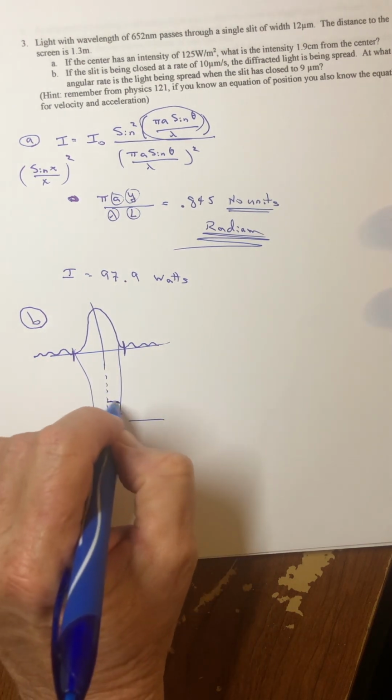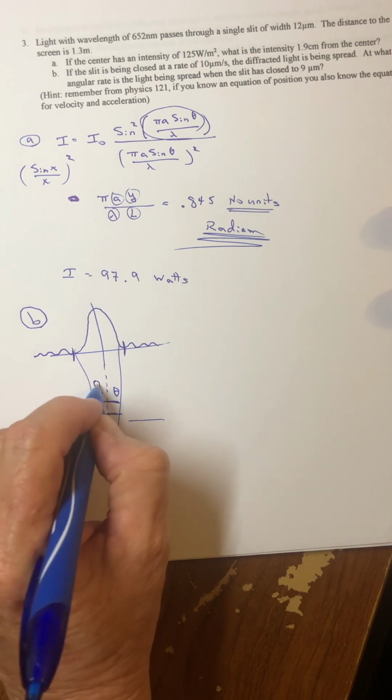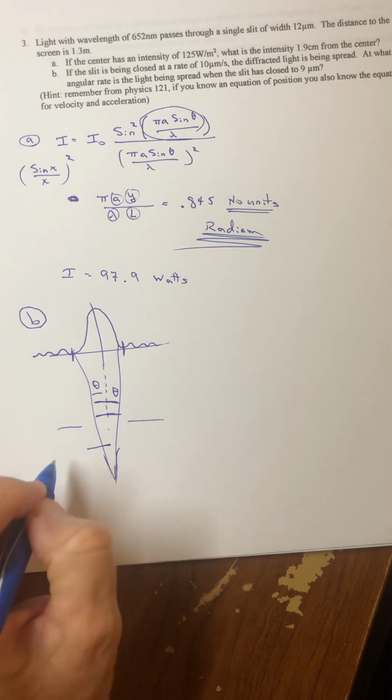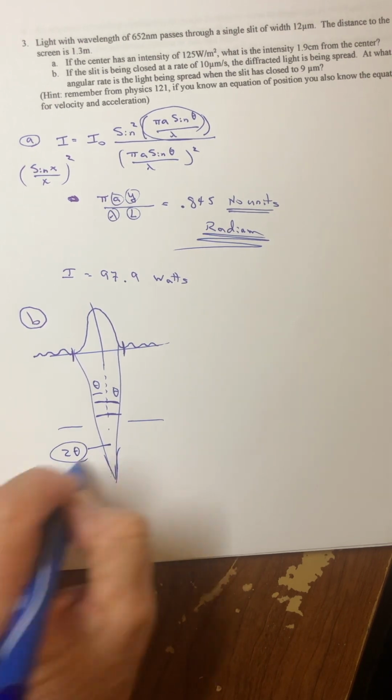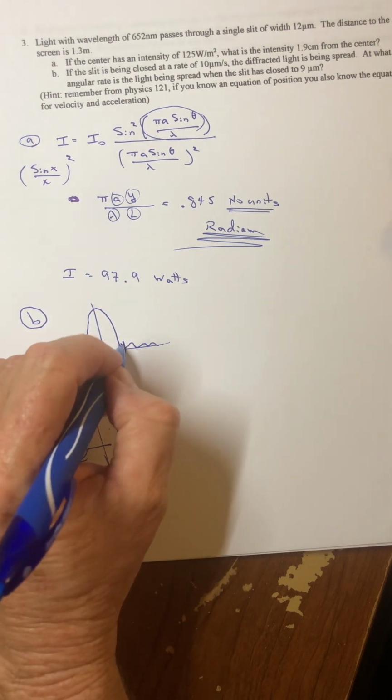And so there's an angle of theta here and an angle of theta there. And so you might say that the angular spread is 2 theta. And this is the first dark spot.